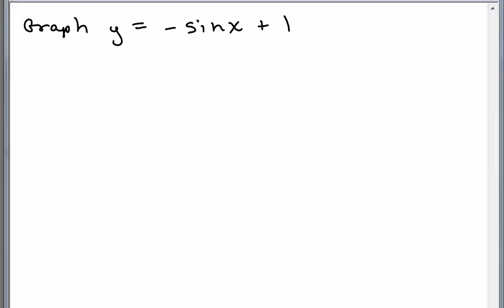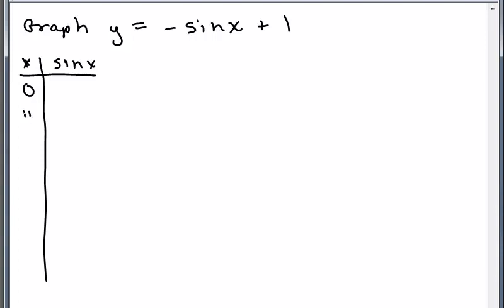So here's one for you to try. Graph y equals negative sine x plus 1. My hint is start off with what you know about just sine of x. Usually we know 0, pi over 2, pi, 3 pi over 2, 2 pi.